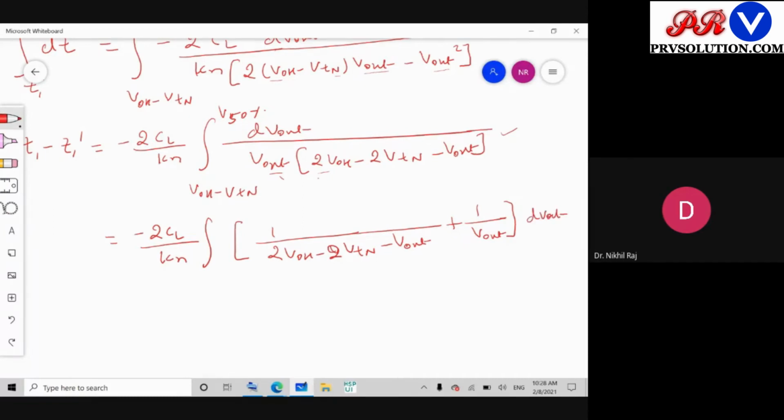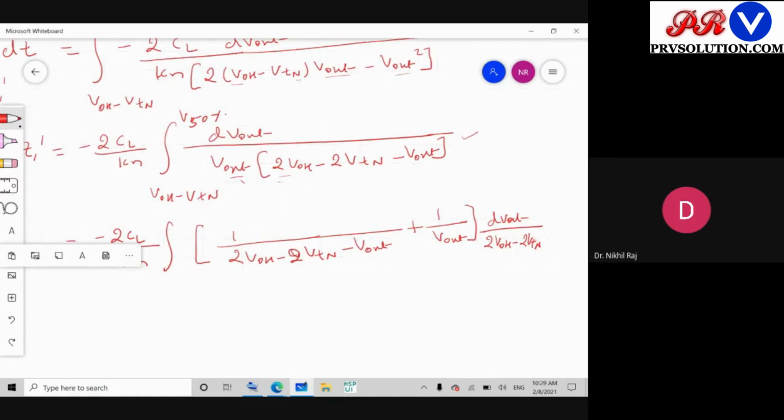In the product form, in the denominator we'll get what is required, but in the numerator we'll get some value. That value I can make a denominator, so that will cancel out. So the extra factor is 2 VOH minus 2 VTN. This way we can adjust these variables, and we'll put here VOH minus VTN, and here it is V 50%.